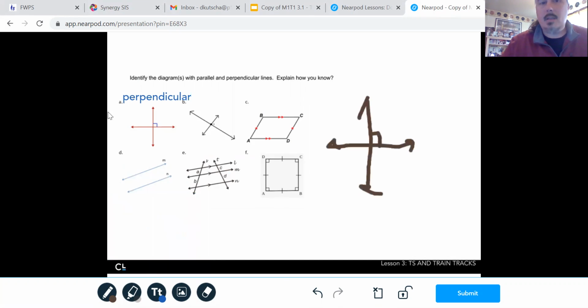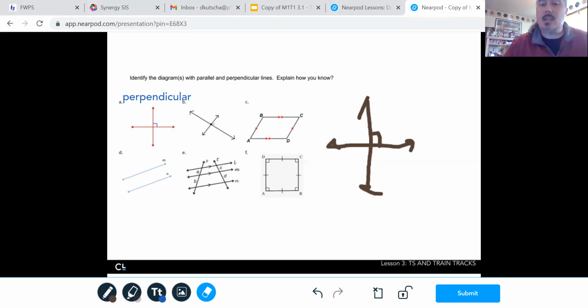All right. So our next one is B. Is this parallel, perpendicular, both or none? Once again, let's look at that diagram. Is there anything on B that says that this line is perpendicular? And think about what we just talked about in the earlier activity.